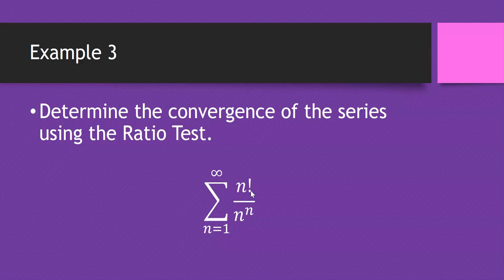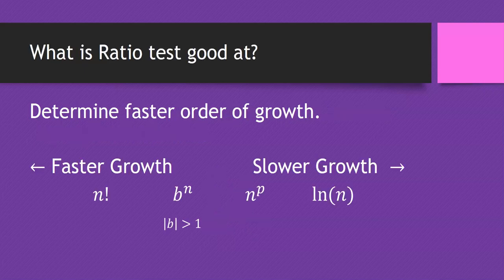I want you to think through this example now. We haven't dealt with n to the nth power before, so it doesn't actually exist yet on our faster growth to slower growth chart.